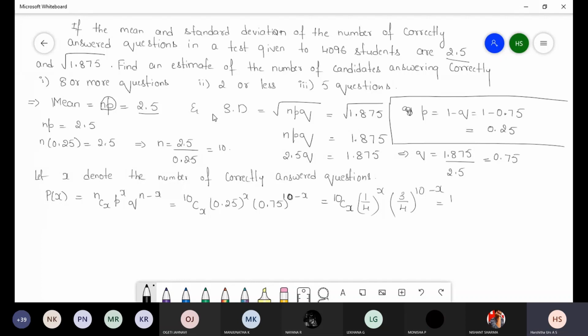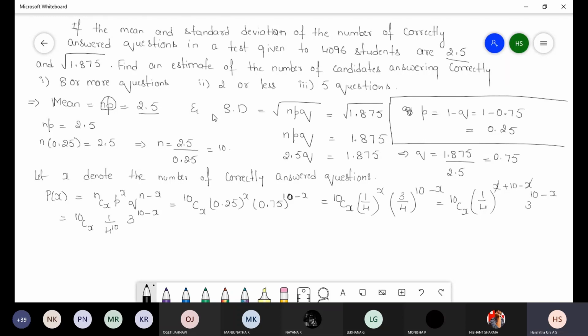Here again the bases are the same, only for 1 by 4 we can add the powers x plus 10 minus x. The x will get cancelled, and 3 power 10 minus x we write as it is. That is equal to 10Cx, 1 divided by 4 power 10, into 3 power 10 minus x.